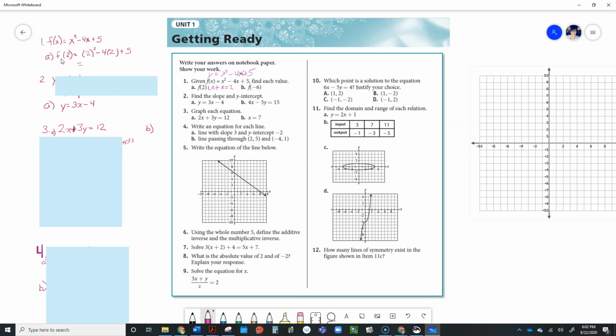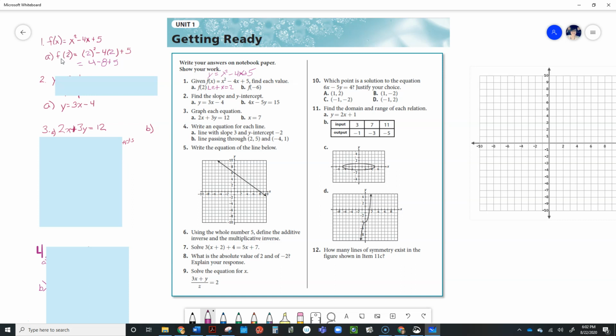So 2 squared means 2 times 2, that's 4. Then I have a minus sign. 4 times 2 is 8. And then plus 5. So what I have here is order of operations. I do addition and subtraction in the order in which they appear from left to right. So 4 minus 8.